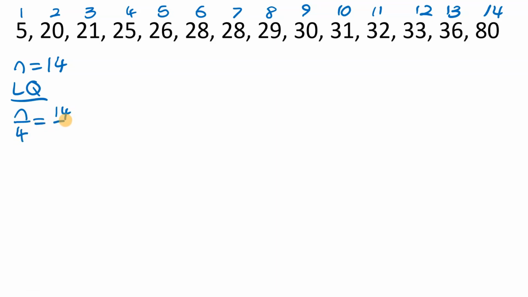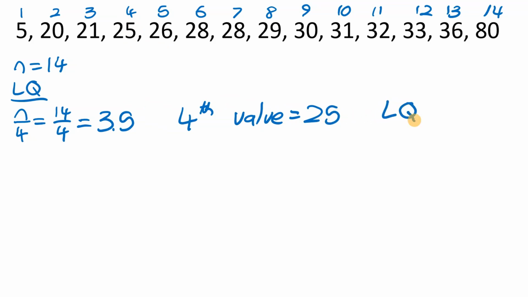So we need to find 14 over 4. This is going to be 3.5. This here is a decimal. So when it's a decimal, we need to round it up to the next whole number. So this is 4, and this is the value that we're looking for, and we can see that the fourth value is 25. So the lower quartile is equal to 25.